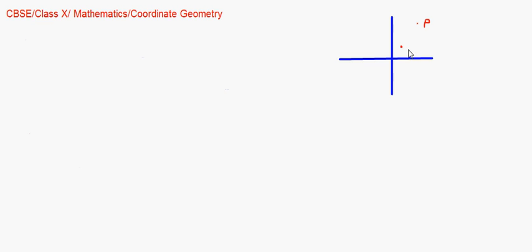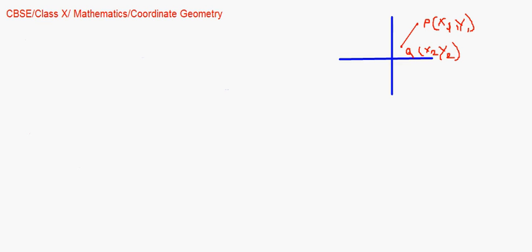That doesn't actually matter. Obviously these two must have their own coordinates, so let me take it as x1, y1, and let me represent Q with x2, y2. We will be learning how to find the distance between PQ.